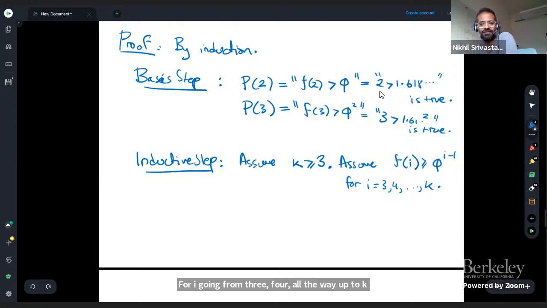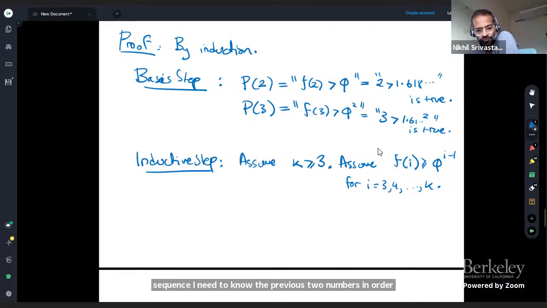So this is the inductive hypothesis now. Now, the reason I have these two numbers in the base case is because of the definition of the Fibonacci sequence. I need to know the previous two numbers in order to know the next one.